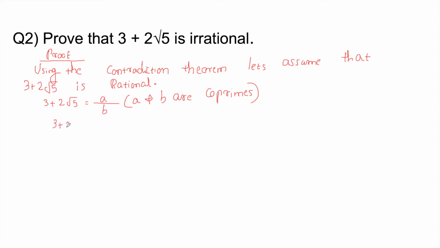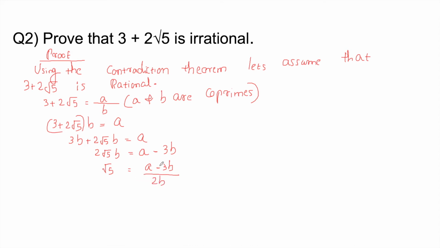Then 3 plus 2 root 5 into B is equal to A. 3B plus 2 root 5B is equal to A. 2 root 5B is equal to A minus 3B. Then root 5 is equal to A minus 3B by 2B.